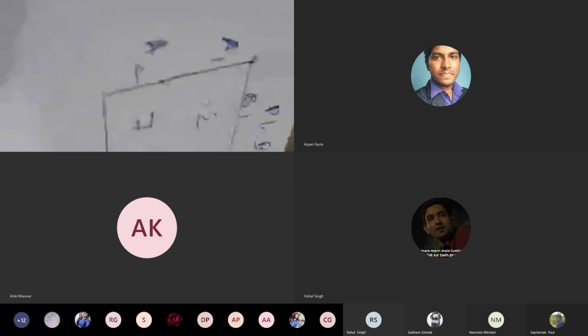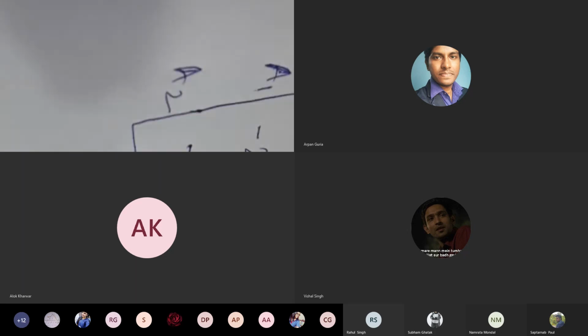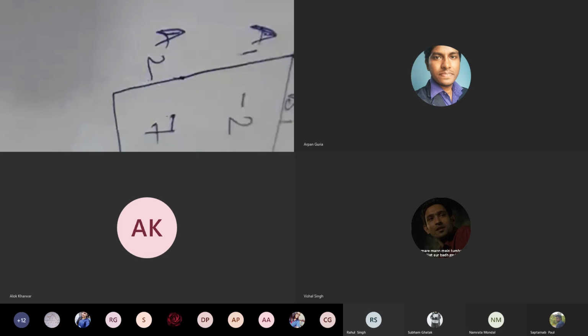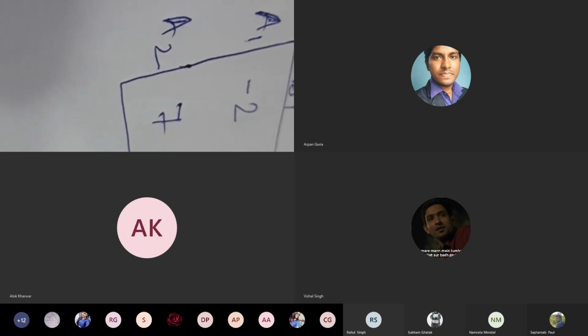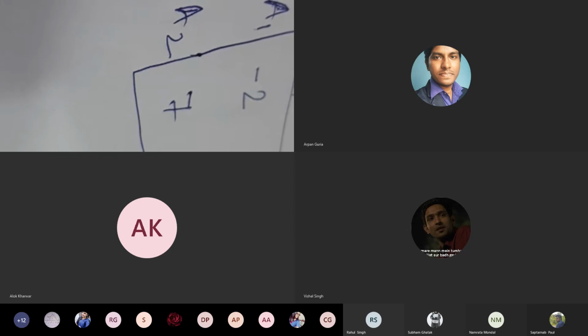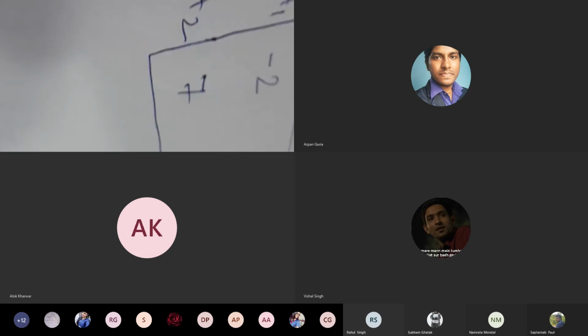See here, the first condition is fulfilled because this game is represented in a 2 by 2 matrix. Since it is a 2 by 2 matrix, mixed strategy can be followed. But before that, we need to see whether a saddle point arises or not. For the saddle point, we use the minimax and maximin principle: first row minima and column maxima.